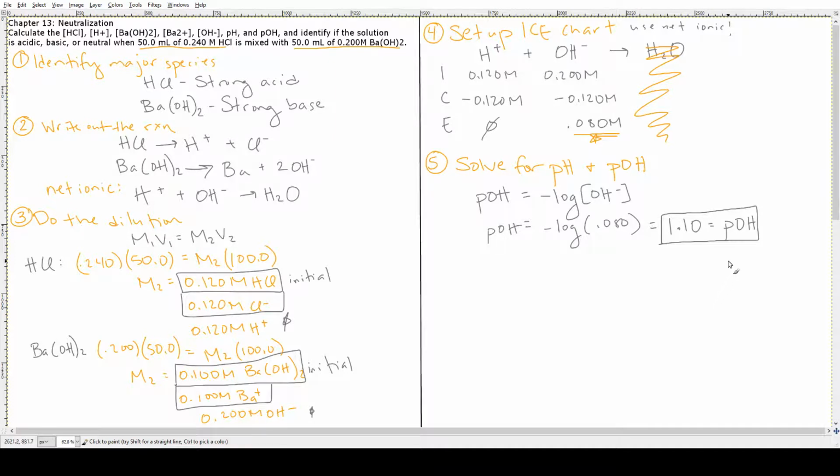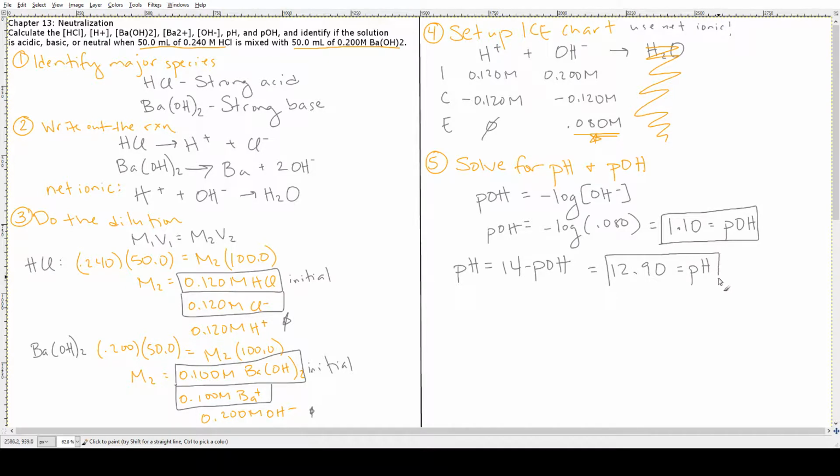And we can use this pOH to figure out how many of them there are. So my pH is going to be equal to 14 minus the pOH, which is going to be equal to 12.90.